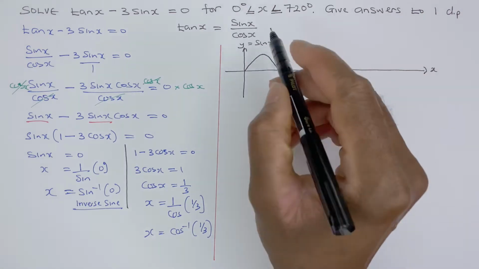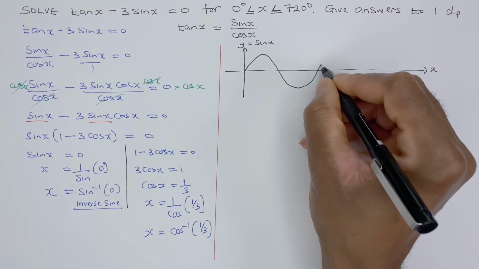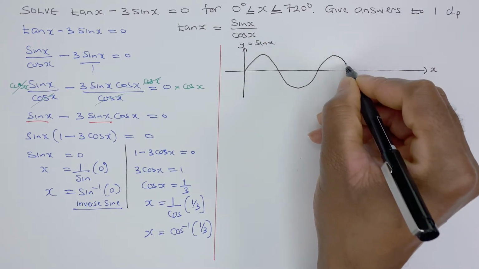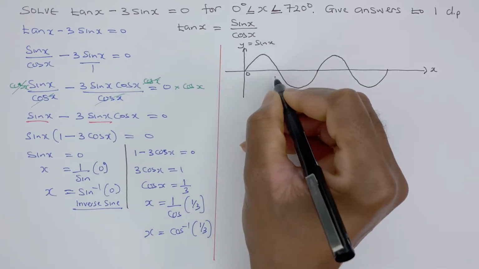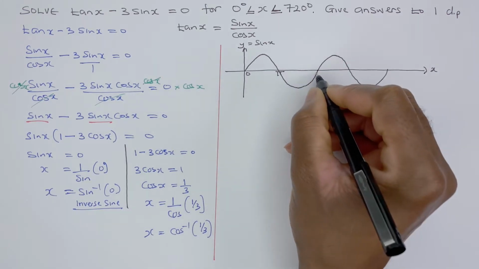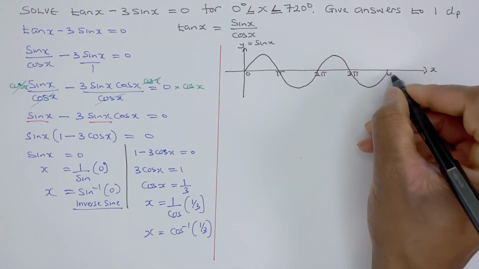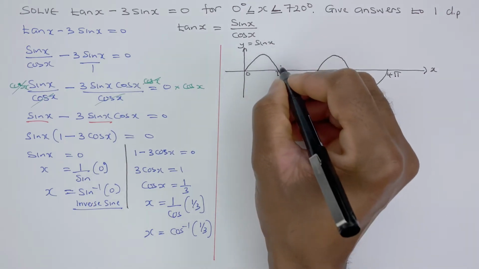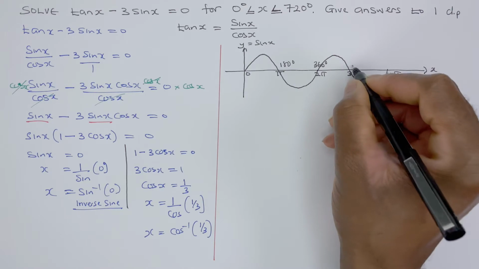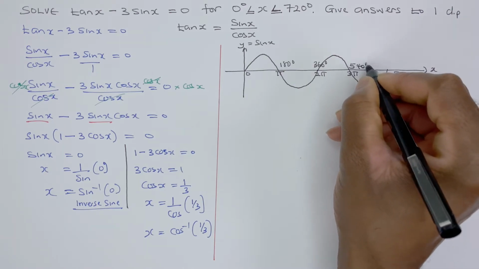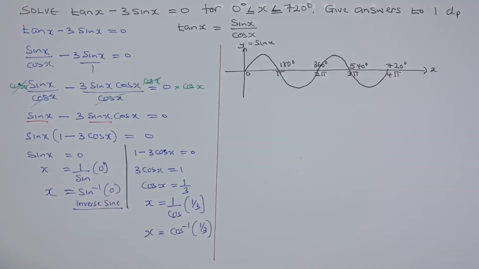Go another cycle because we need to go from 0 degrees to 720 degrees. So this is 0, that's pi, 2 pi, 3 pi, 4 pi. So that's 180 degrees, 360 degrees, 540 degrees, 720 degrees, just like that.